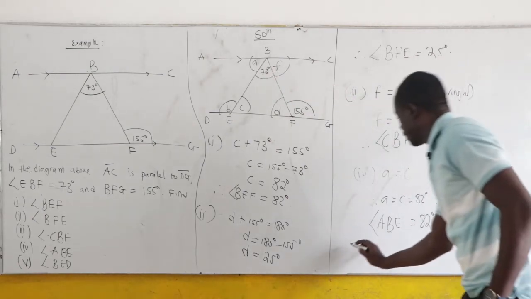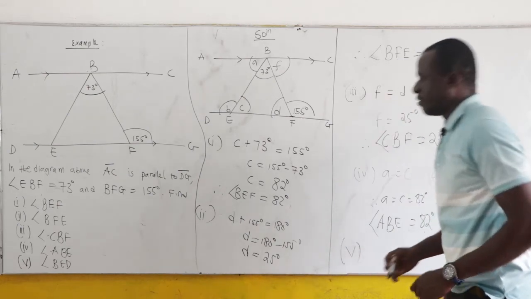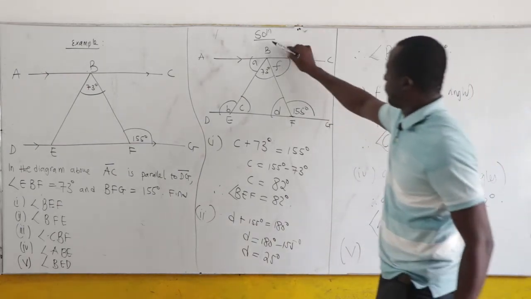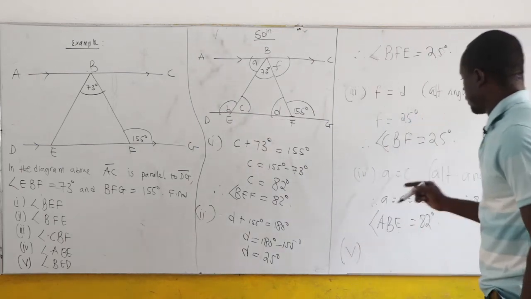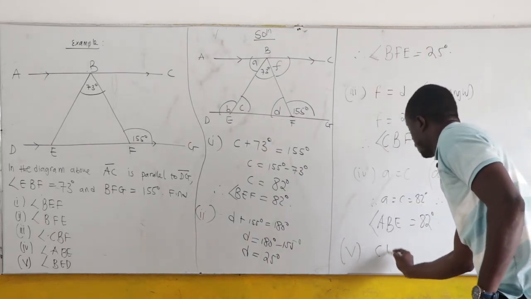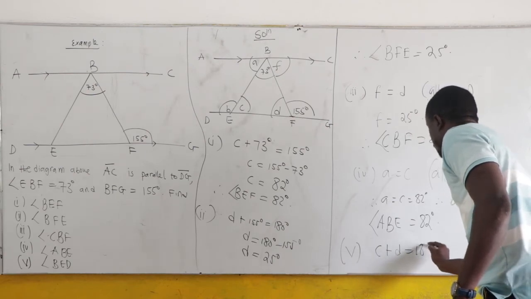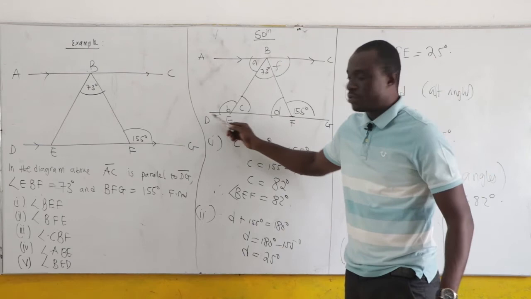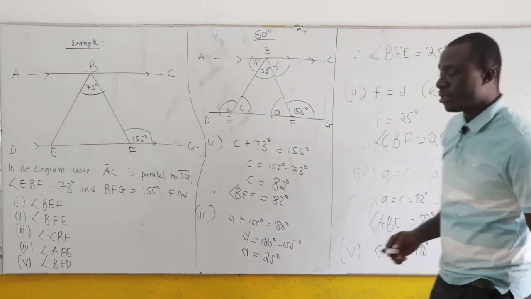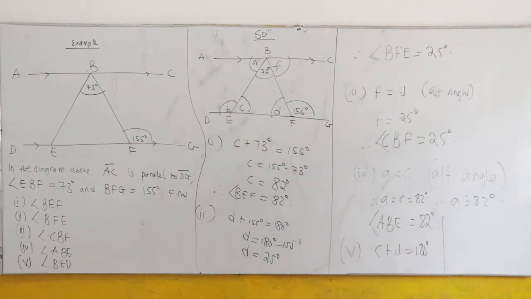Now, what is the question telling us? We should find BED. Now, what do we know? C plus D equal to 180 degrees. That's sum of angles on a straight line. So this angle plus that angle equal to 180 degrees.